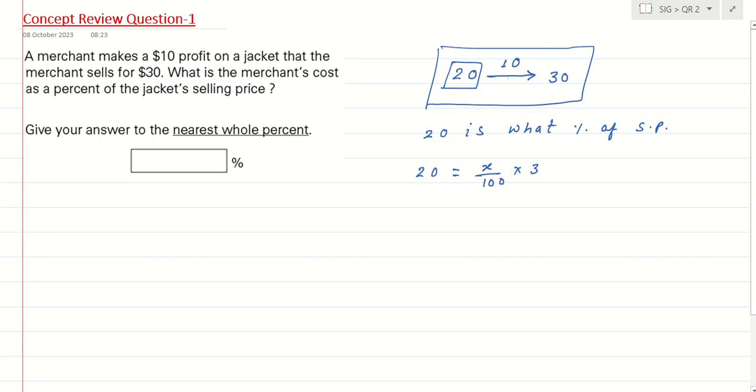Final value, that is 30. Find the value of x. That is the percentage. Can I say x equals 20 into 100 divided by 30? How much will you get?